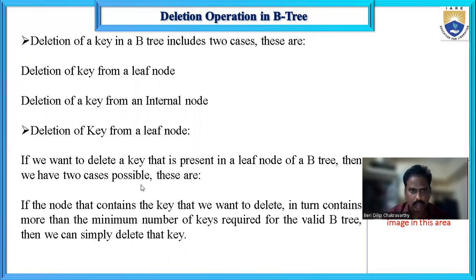If the node that contains the key that we want to delete contains more than the minimum number of keys, then if it is not violating the rule, we can simply delete the key.